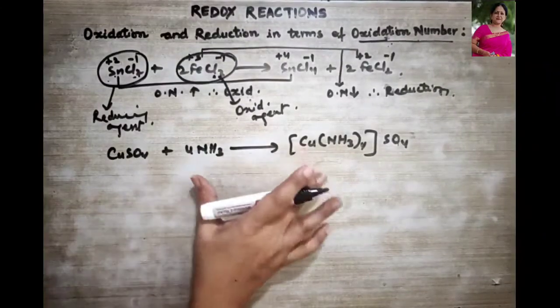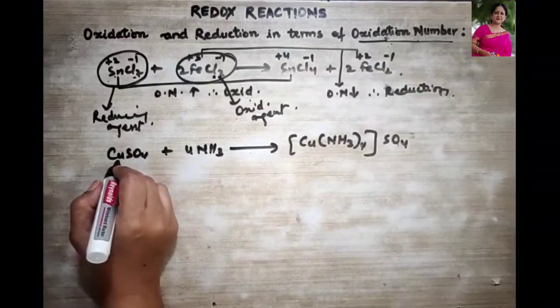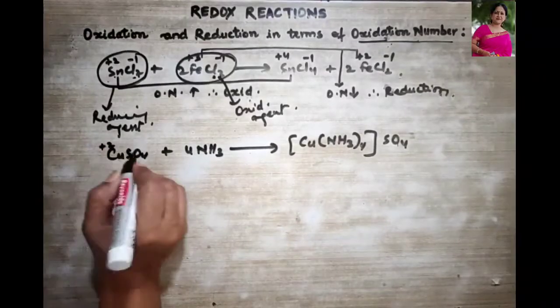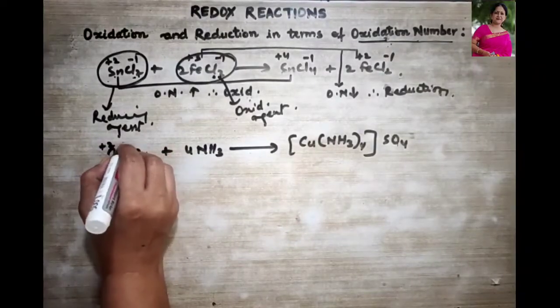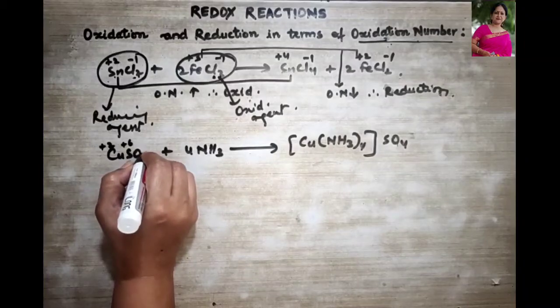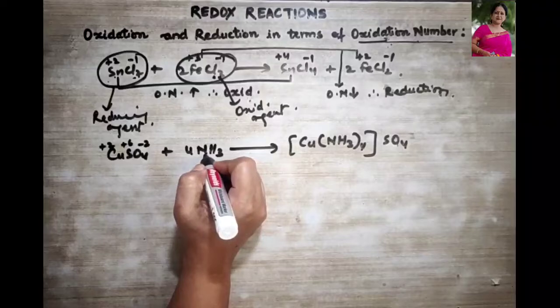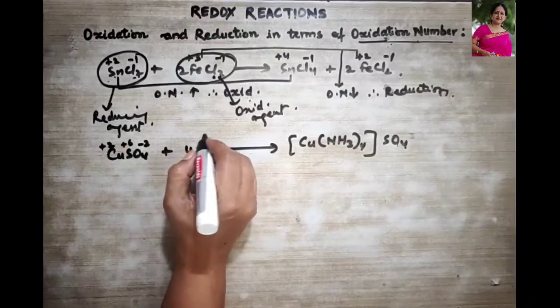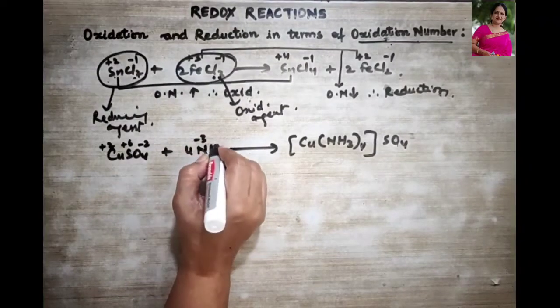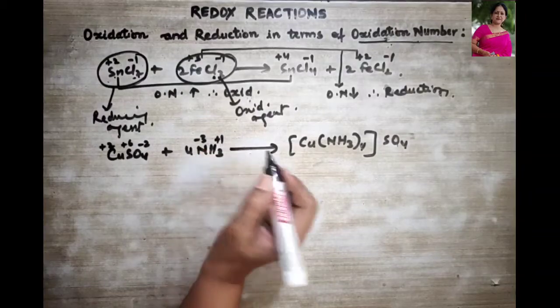First write down all the oxidation numbers. So this is copper +2, sulfur +6, oxygen -2. Let's come to nitrogen, it is -3, and hydrogen it is +1.